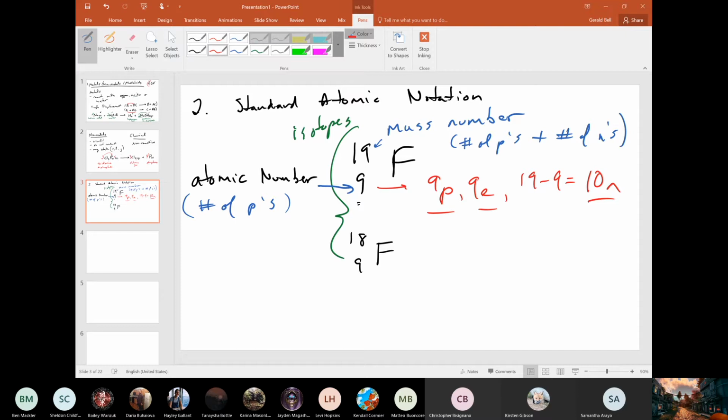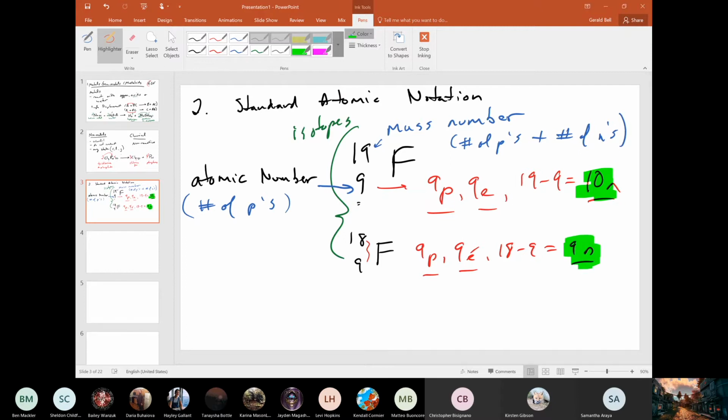So in terms of coming up with our subatomic particles, we have 9 protons and 9 electrons still. Again, no indication of a charge. And now it becomes these two numbers subtracted, giving us 9 neutrons.